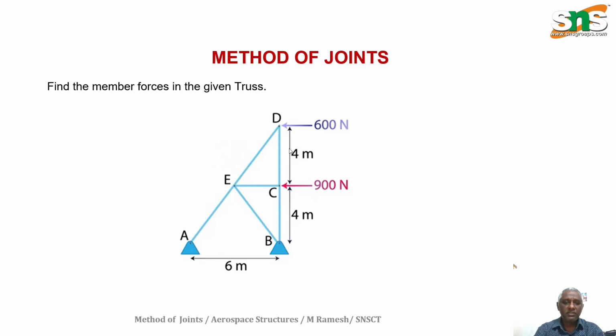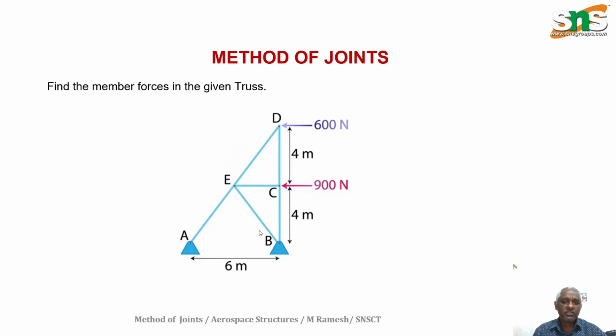First we look at which joint we are going to take. We don't know the reactions at A and B, RA and RB. These are the support reactions, but these are all unknown values. Let's start with joint D, or E. I already told you that whenever you select a particular joint, there should be no more than two unknowns.